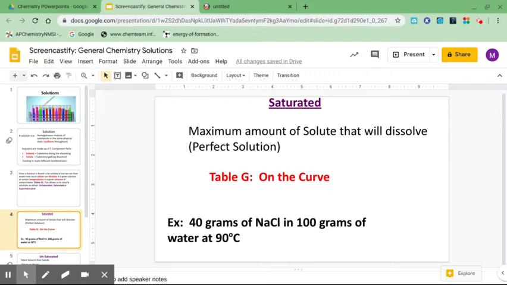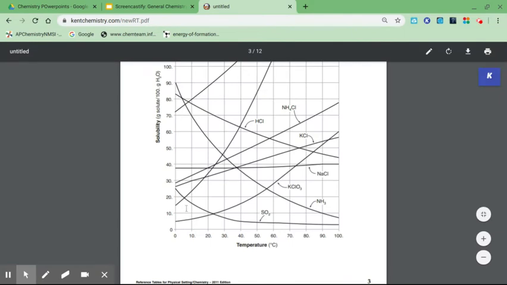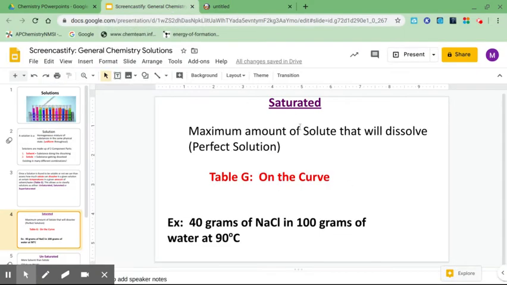Now, we need to understand what that is on Table G. Table G, remember, is our solubility curve. And if we are saturated, that means whatever we look up is going to fall exactly on the line. On the curve means that it's saturated. Now, we need to know how much water is there because that will tell me if there are extra steps.